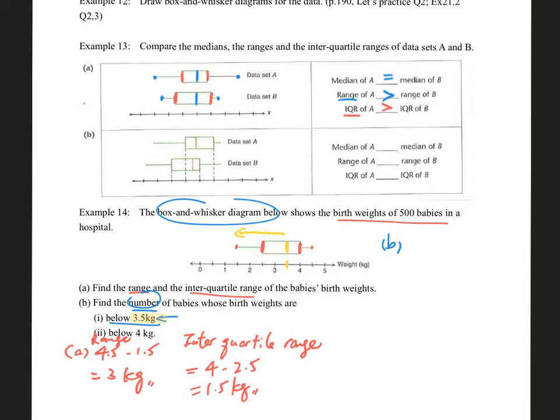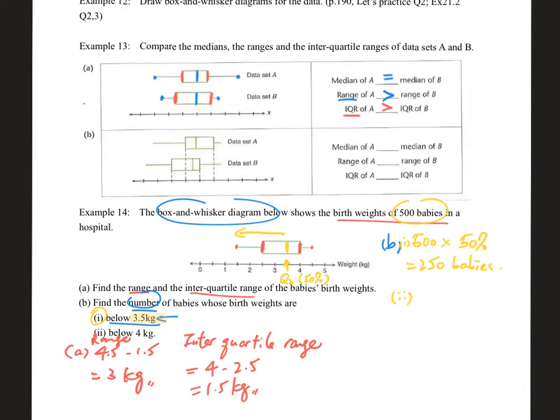I will repeat, this is called Q2, which stands for 50% of the babies being lower than this one. So below 3.5 kg means there are 50% out of 500 babies, which means there are 250 babies. Is it alright to you?